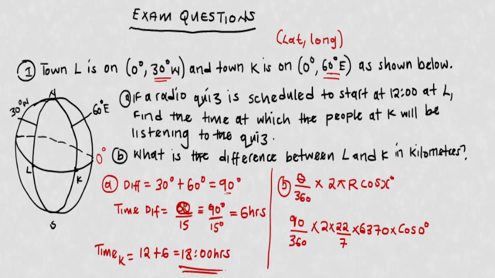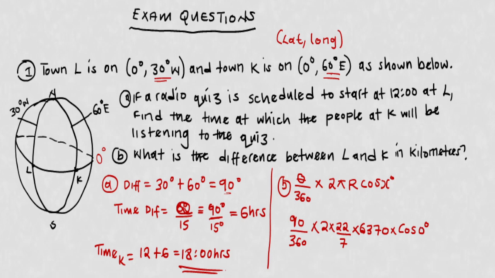Even if there is cos here, cos 0 degrees is simple to find even without using a calculator. Cos 0 degrees is simply 1. Due to lack of space, I'm going to assume that you'll be able to simplify this whole expression.